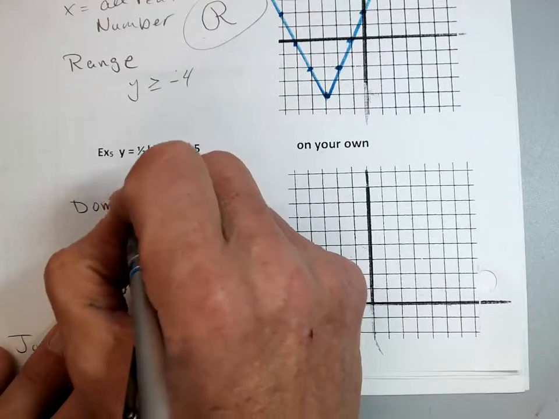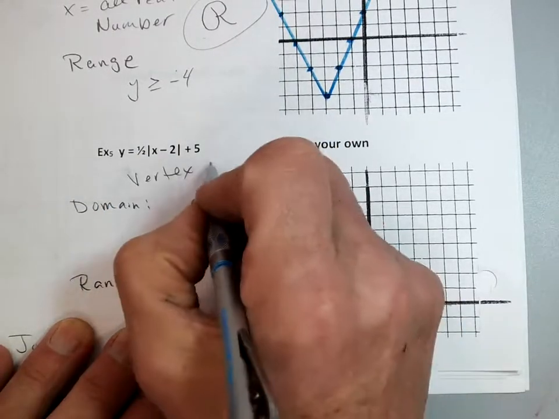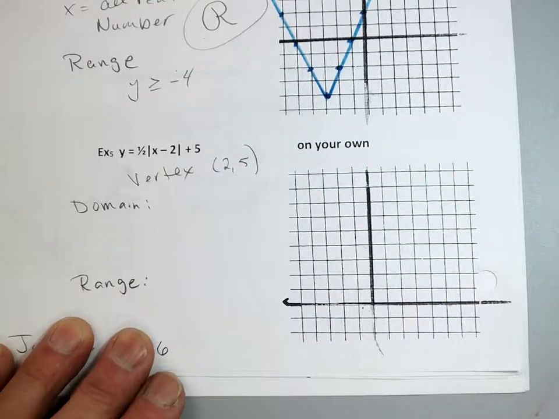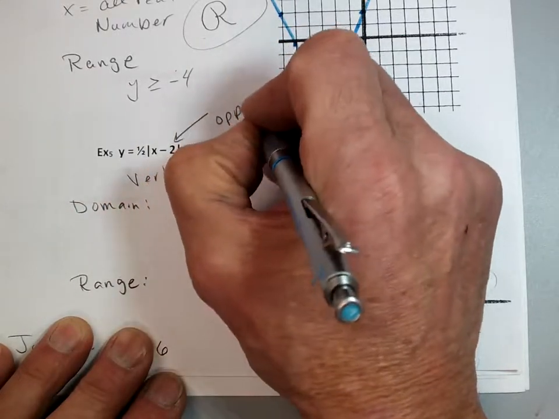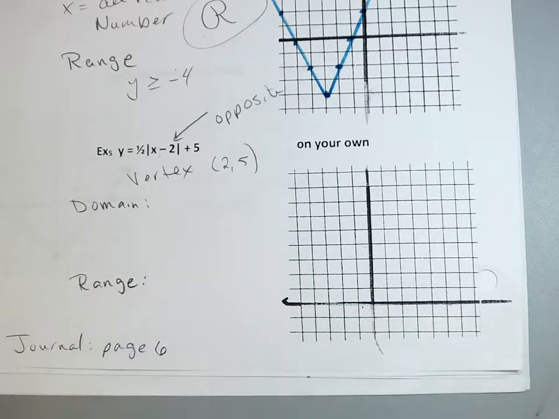Okay, vertex, I like to start with the vertex, is at +2, 5, because it's the opposite. +2 is zeroed out, right? Okay, so that's where I'd start.